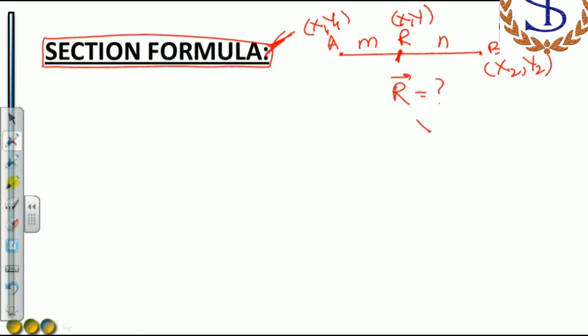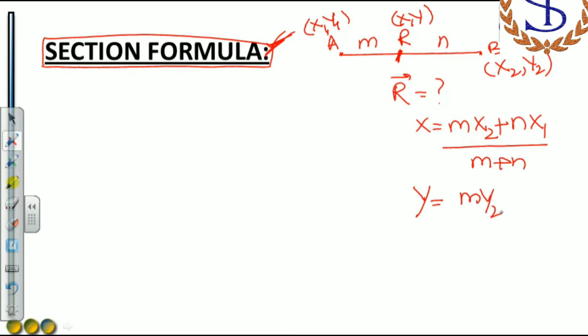Simple. x equals (mx2 plus nx1) upon (m plus n), and by the same concept y equals (my2 plus ny1) upon (m plus n). This is the section formula.